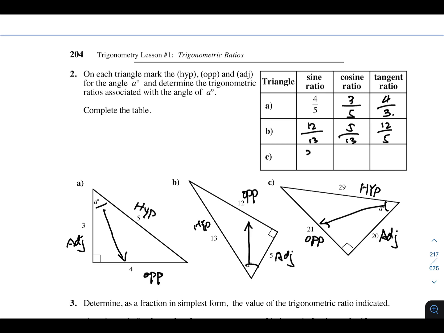The first one, opposite divided by hypotenuse, 21 divided by 20. Next, cosine is adjacent divided by hypotenuse, and the last one is opposite divided by adjacent.